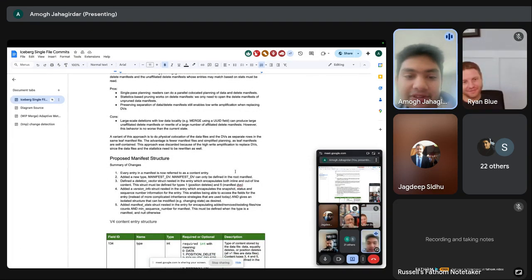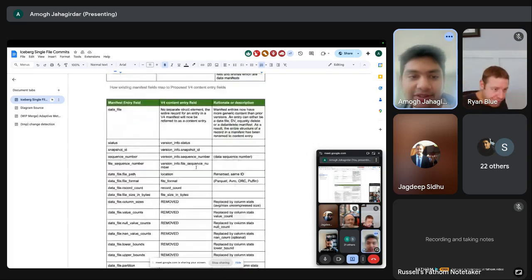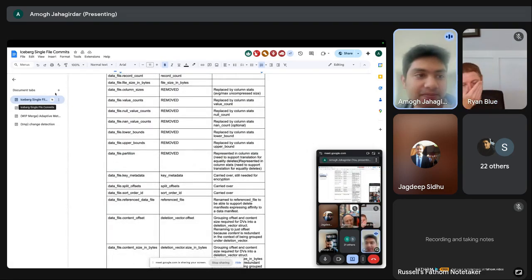Manifest structure. I think this gets into a little bit of the weeds of the manifest structure. That's important. If anyone has concerns, please comment on the doc. But I think it's probably more helpful for us to talk through any of the open questions, because that'll help drive how we actually want to structure the entries in the manifests. So I'll skip ahead to open questions.